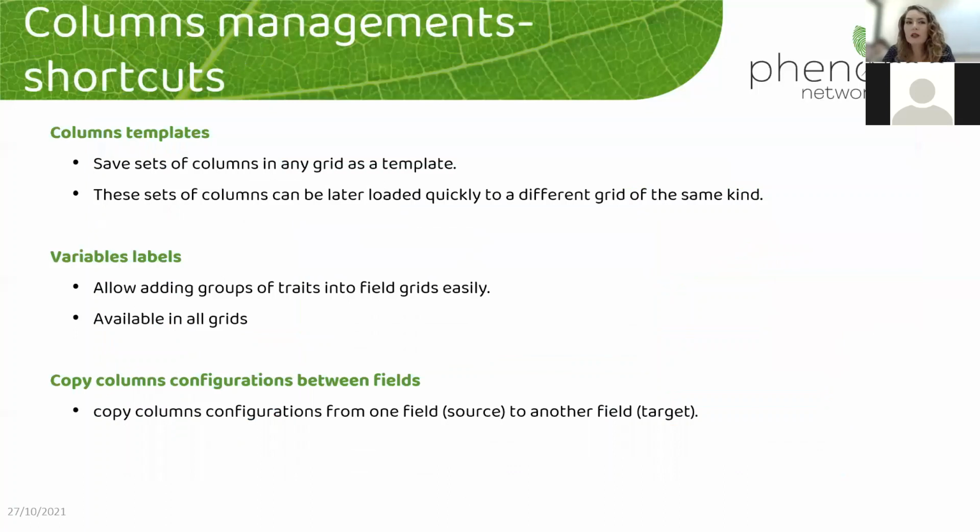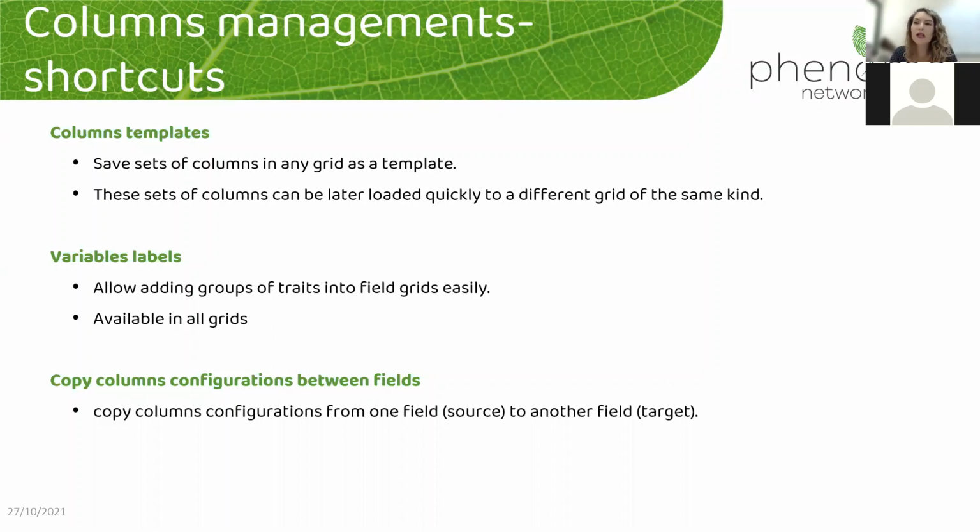Okay, so here are some shortcuts that we have on those. I will talk about the column template, but know that we also have the variable labels and the copy column configurations. For columns template, we can save a set of columns template for any grid in Phenom. Each grid has its own template.